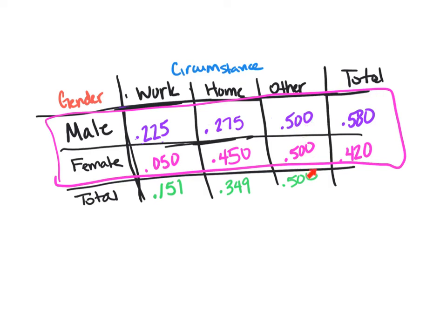So other really doesn't matter. As a matter of fact, if you look at other for males and other for females, it also produces a 50% out here. So when we compare these two rates, now we're seeing that there is an association, and the association exists because at work, males tend to get more injuries, and at home, females tend to get more injuries.